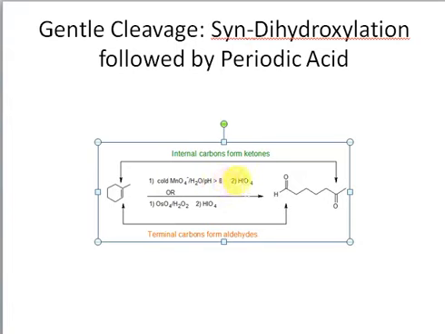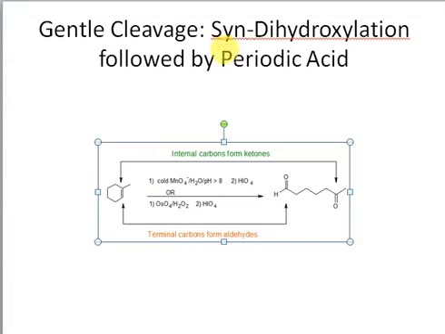Then in the second step we oxidize with HIO4, and we get an aldehyde. This carbon was the terminal carbon, forming the aldehyde, while this carbon, which is the internal one, forms the ketone. So this is gentle cleavage by means of syn-dihydroxylation.